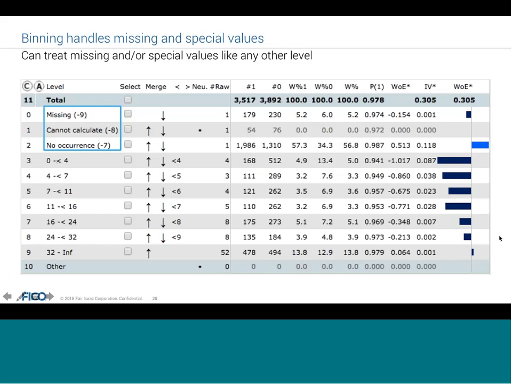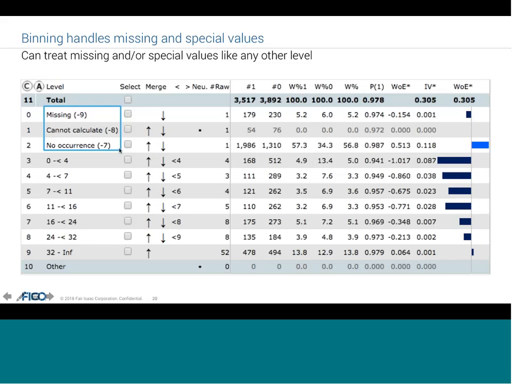Let's say this is anything that's a non-negative number or perhaps a percentage. I can safely apply missing values and redirect them to something like a -9. I can then treat this bin like any other valid bin. And in doing so, I can understand whether there is predictive content associated with missing, and not leave it on the table. I can now include that in my predictive model solution.